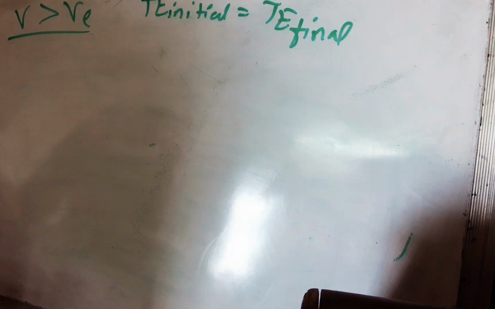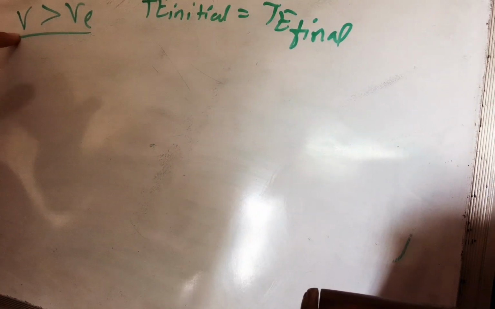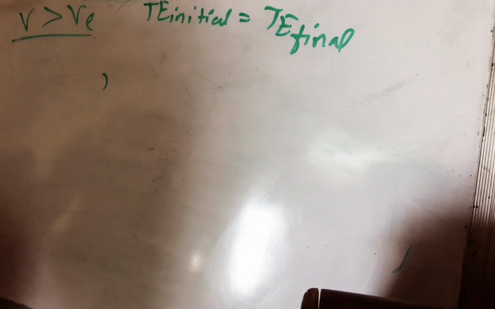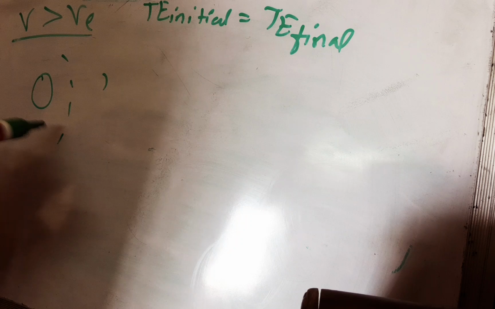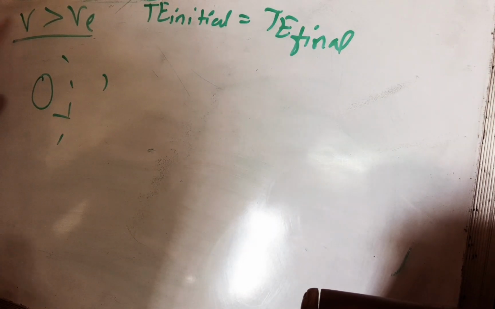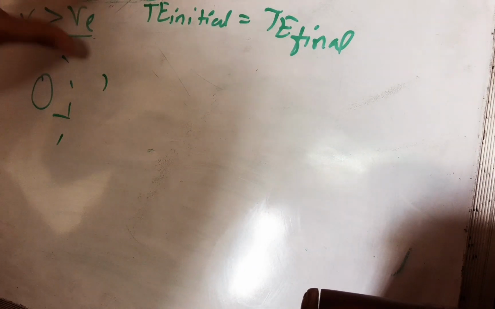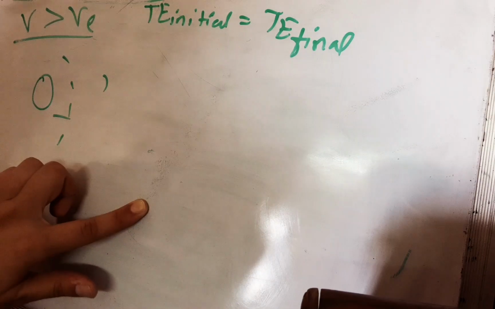Again the same concept. But here, as the velocity is greater than escape velocity, it means that after reaching infinity distance, after crossing Earth's gravity, the part of the velocity up to the escape velocity will be used to reach infinity distance.